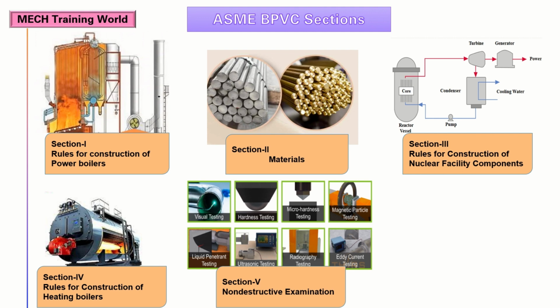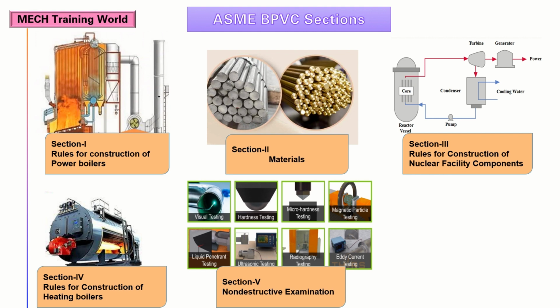I will tell you the answer now. The main difference is that Section 5 provides only the procedure for the NDE method, but Section 8 gives the acceptance criteria for the defect. For example, if you do a radiography test for a part, we follow the procedure according to Section 5. After the radiographic test, we observe some defects like a porosity defect.